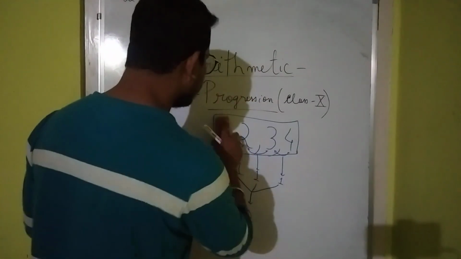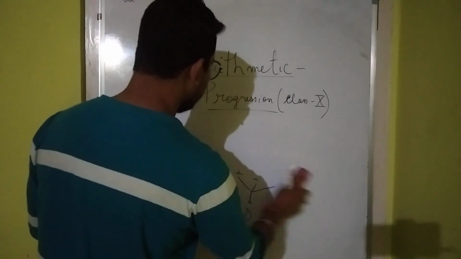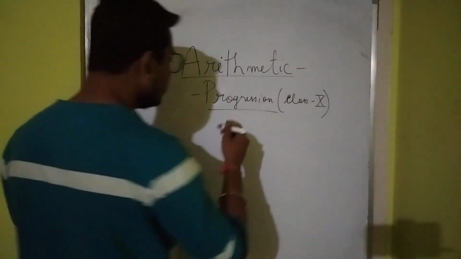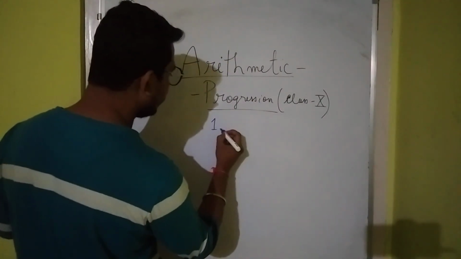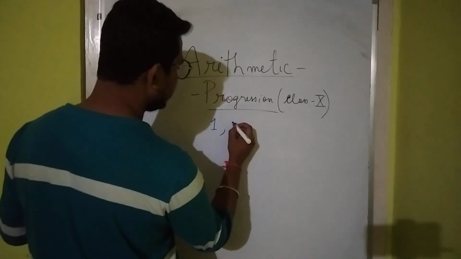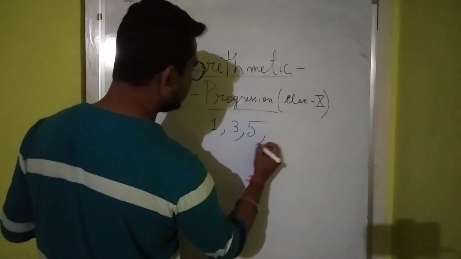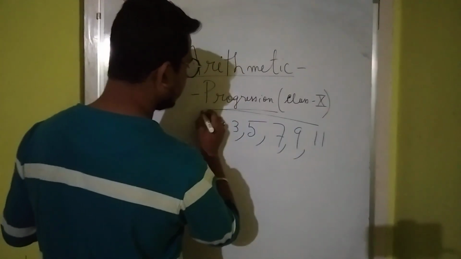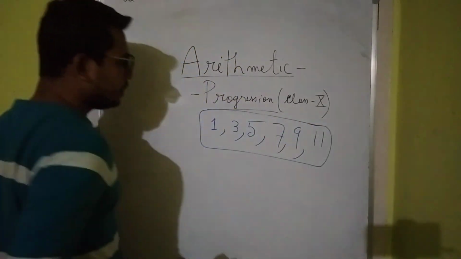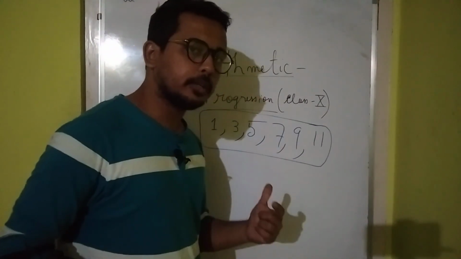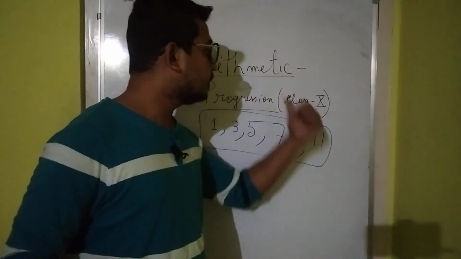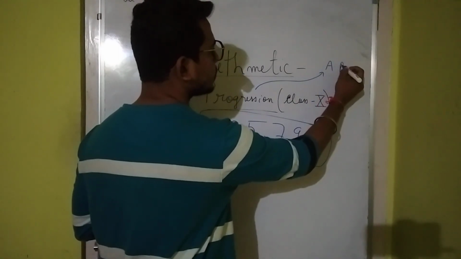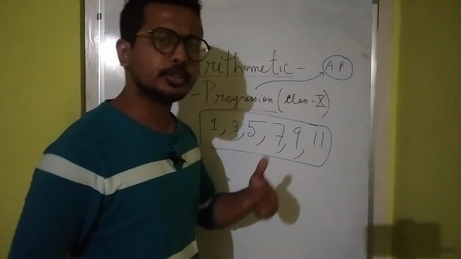So let me give you another example. Let's say the numbers are 1, then 3, 5, 7, 9 and 11. So basically, can you tell me, are these numbers in arithmetic progression? अच्छा, arithmetic progression का और एक नाम है जिसको हम लोग बोल सकते हैं AP in short form.